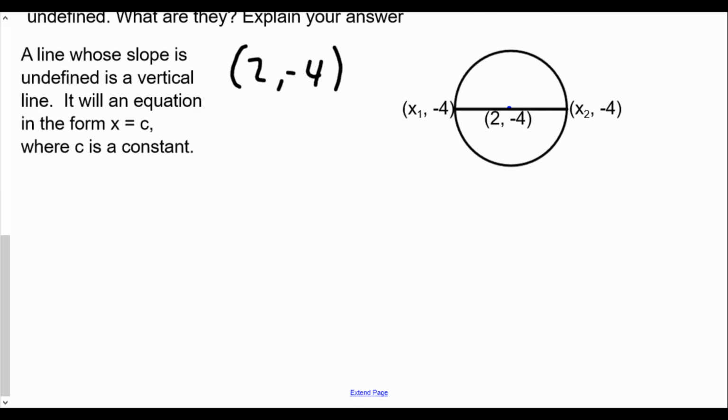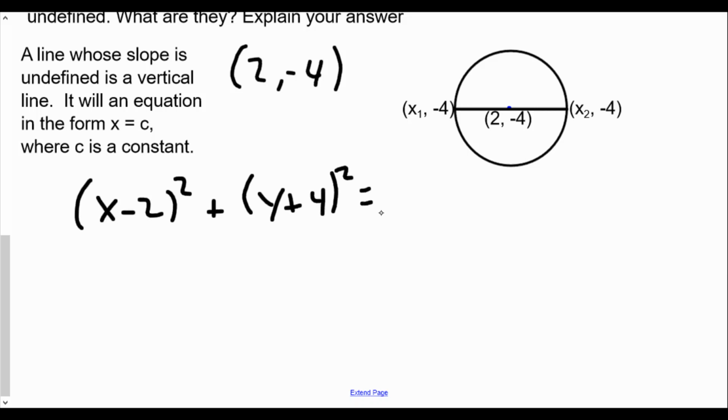Let's write this equation again. That's the center of our circle. We're going to plug in our value of negative 4.